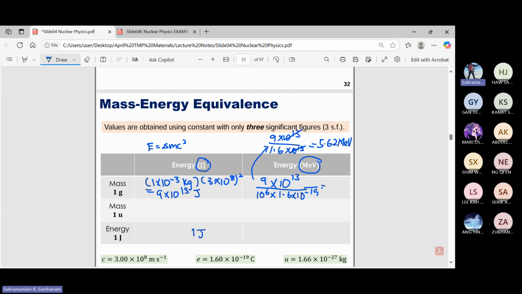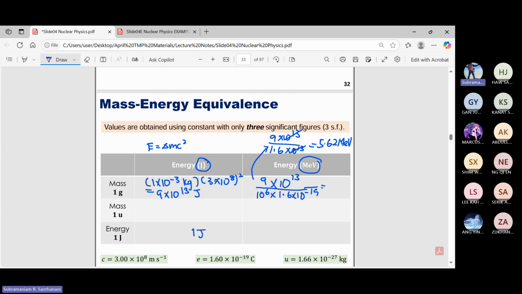Work out, did you get back the answer 9 times 10 power of 13? Work backward. 5.62 times 1.6, what do you get? 8.99. So 8.99 times 10 power of minus 13, correct? So you go back to 9 times 10 power of 13.